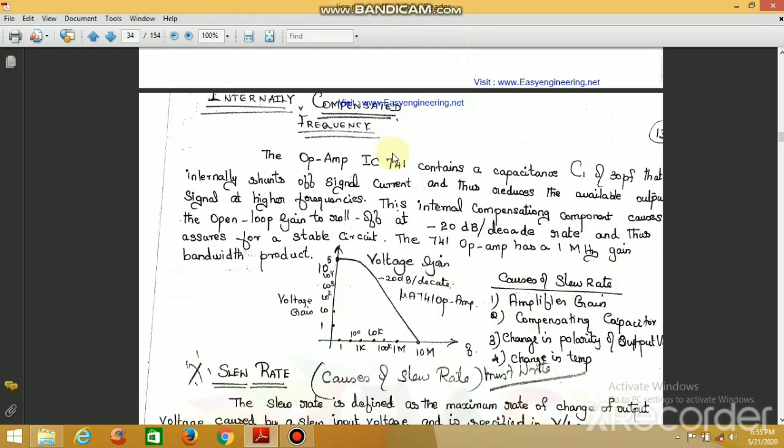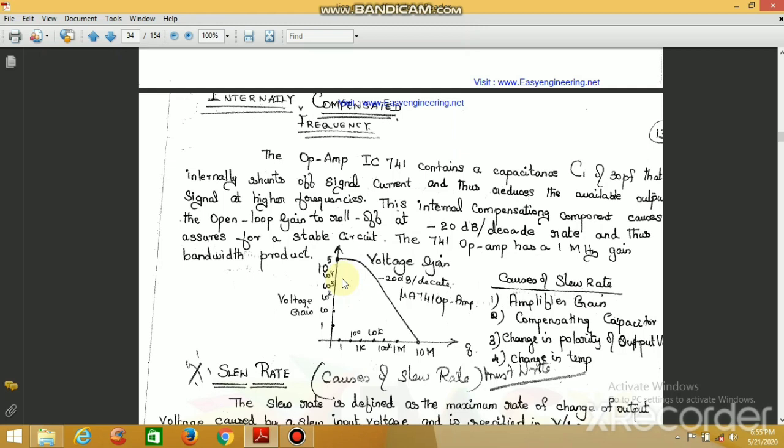And next is the internally compensated frequency technique, and this technique is done for a broad bandwidth of the uncompensated op-amp. For example, we can consider an instrumentation circuit. The op-amp is normally required to amplify a relatively slow changing signal, so it does not require high frequency response.